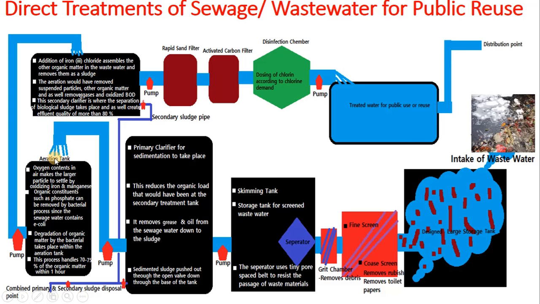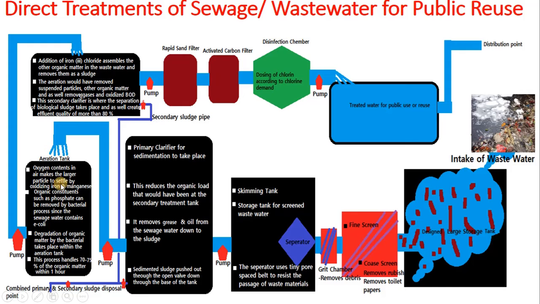into the aeration tank. In this aeration tank, the sewage water comes in contact with oxygen. The oxygen will oxidize iron and manganese. Another thing that happens here is that organic constituents such as phosphate can be removed by bacterial process, since the sewage water contains E. coli and other pathogens.